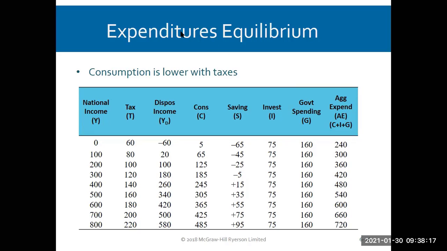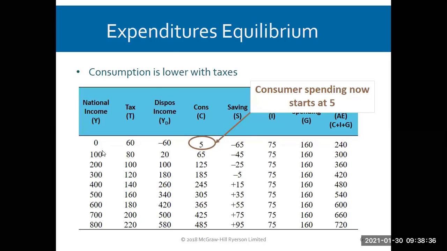So we can see this on the table here. We've got national income, we've got taxes, and now we've got disposable income because we take taxes out of it. And that makes our consumption and savings functions different than what we saw in the simple model. But the concept is still the same. We can see that consumer spending starts at 5. Where national income is 0, there's still some autonomous spending at 5. Now let's figure out our induced spending.